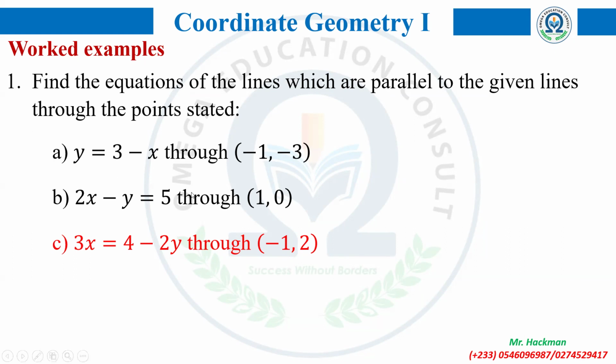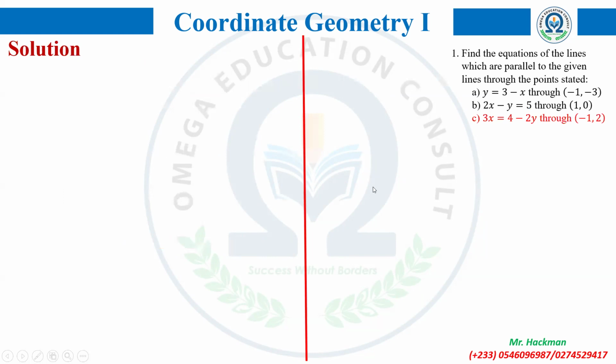Now let's move on. How to deal with the questions that we have there. Solution, question 1. We want to find the equation of the parallel line, very important, through the point stated. So let's extract our line. Its equation is 3 minus x.